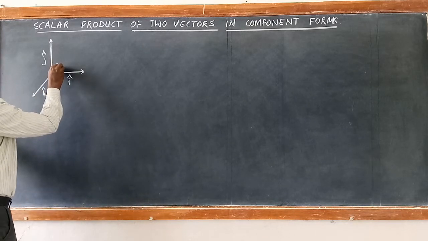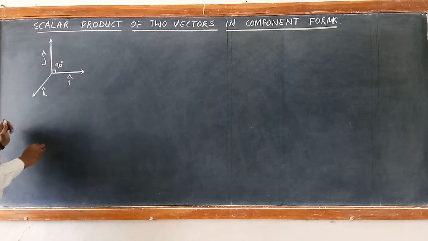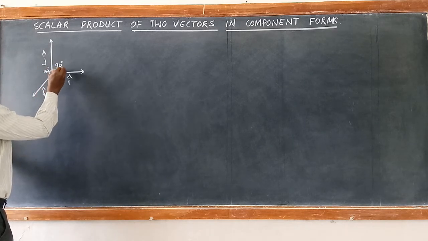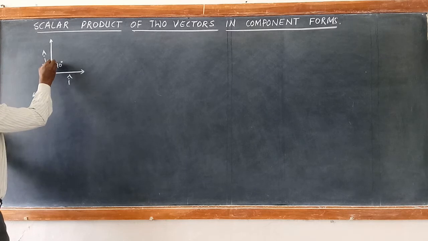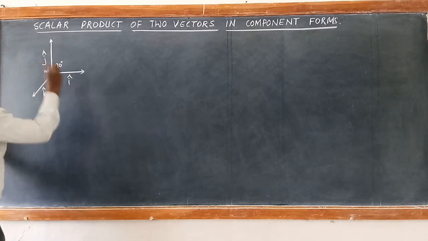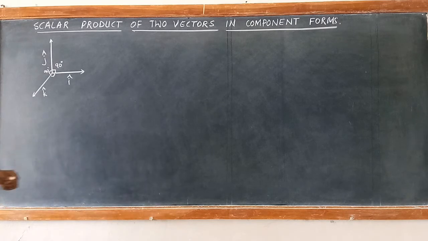So they are mutually perpendicular unit vectors. The angle between them is 90 degrees. The angle between i and j is 90 degrees, the angle between j and k is 90 degrees, and the angle between k and i is also 90 degrees.